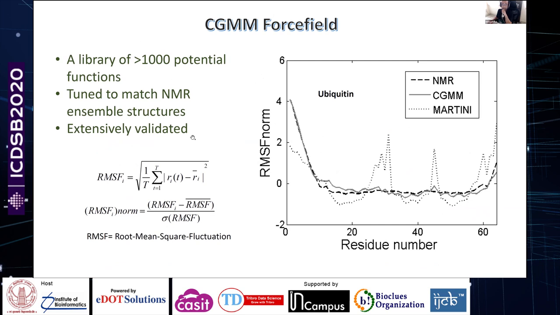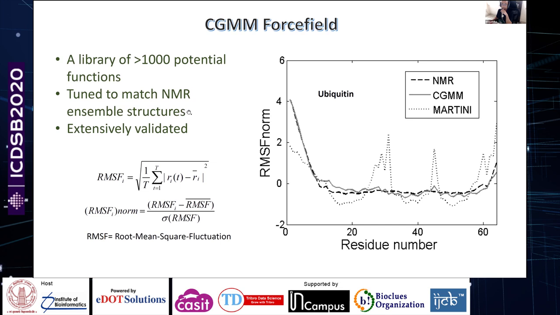I cannot go into the great detail of these potential functions that we derived, but they were crafted in such a fashion so that they matched the NMR ensemble structures. So we validated: we took the NMR structures from the PDB, and we ran molecular dynamics simulations using the CGMM force field. And from the trajectories, we derived the fluctuation graphs.